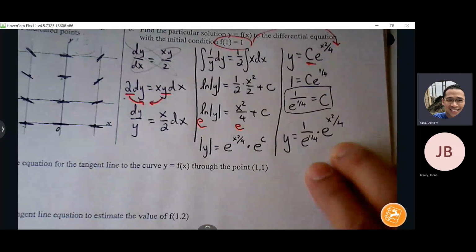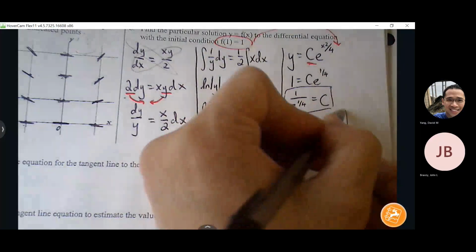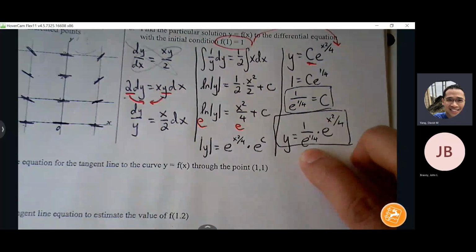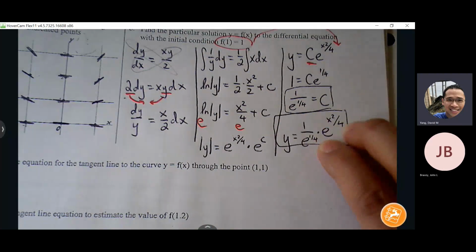So this is fine. You can leave it in this form. Or you could bring that e up to the top, change the sign of the exponent, and then merge those together.